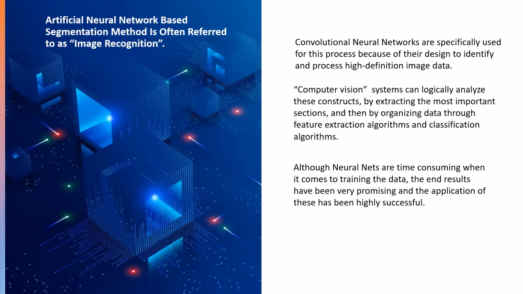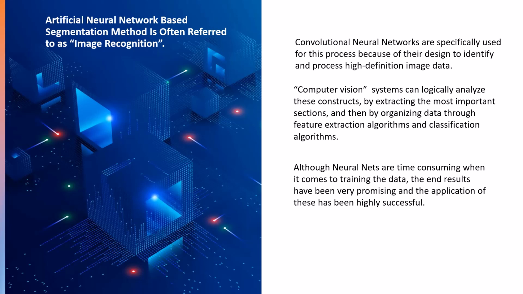Artificial intelligence uses artificial neural networks which mimic the brain. Convolutional neural networks are specifically used for the process because of their design to identify and process high-definition image data.